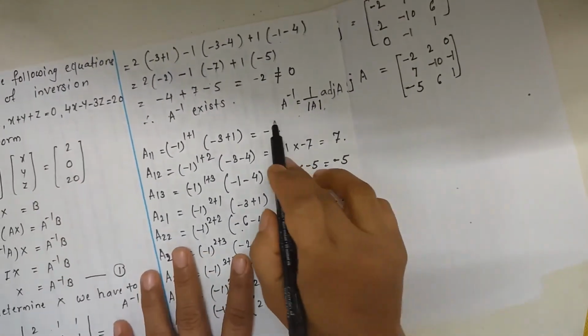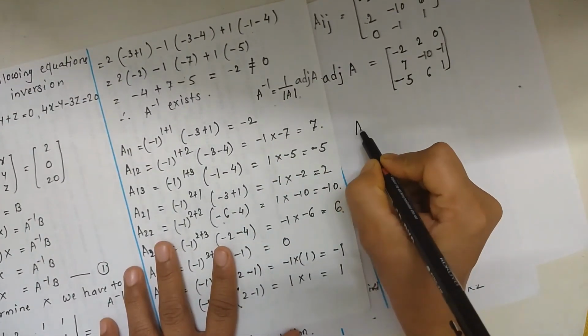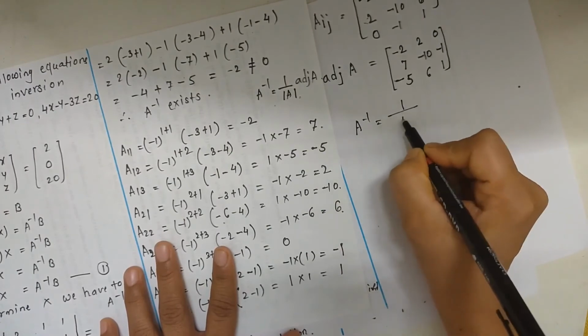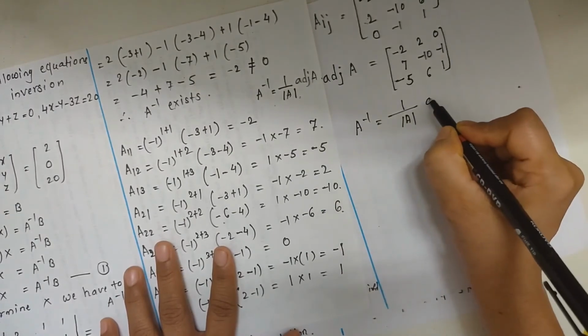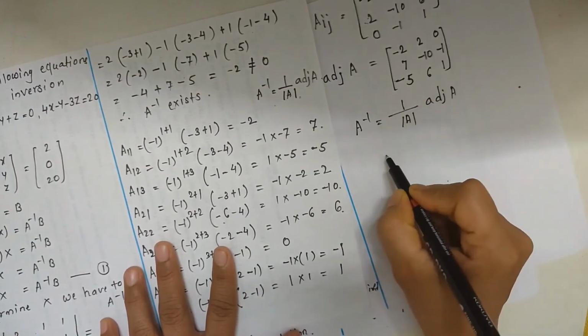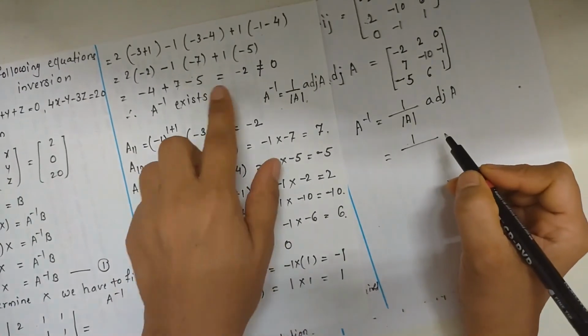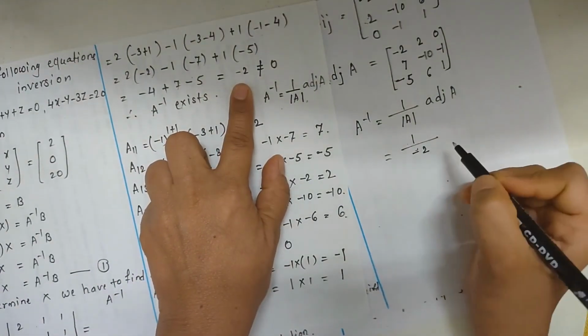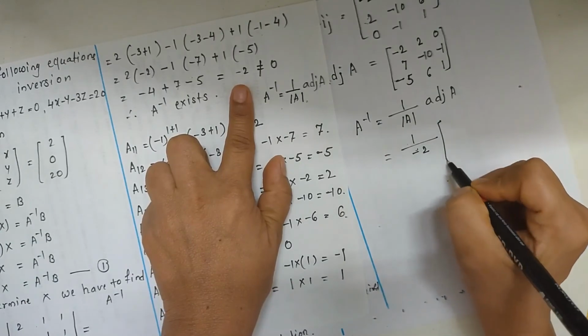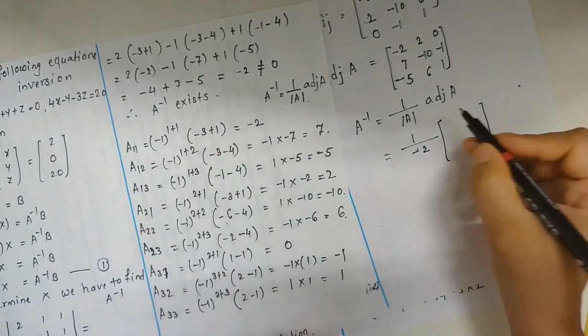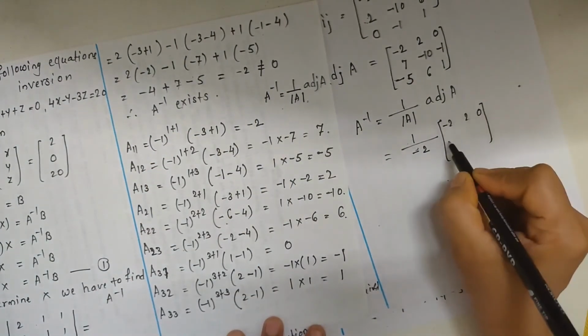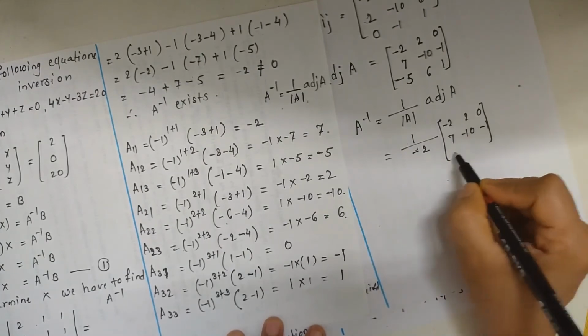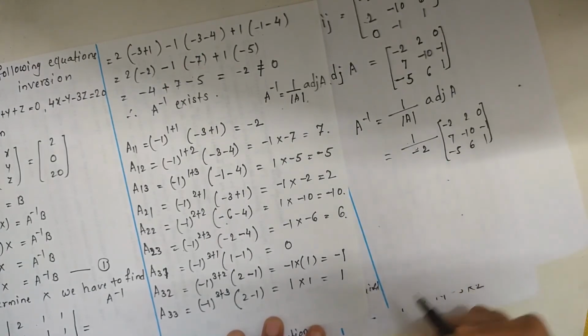Now we have to find A inverse. A inverse is equal to 1 upon determinant of A into adjoint of A, which is 1 upon minus 2 into the adjoint matrix minus 2, 2, 0; 7, minus 10, minus 1; minus 5, 6, 1.